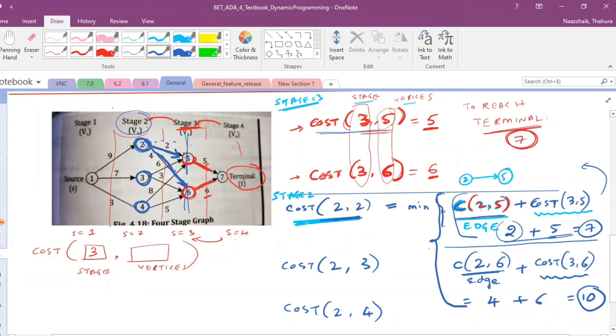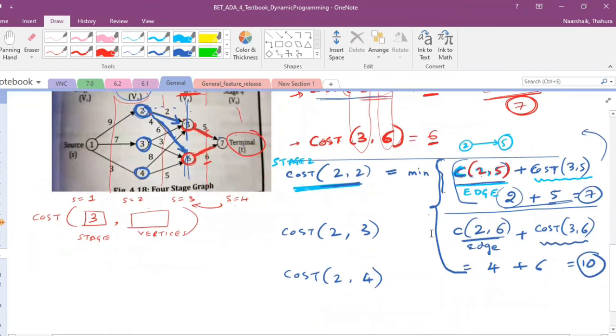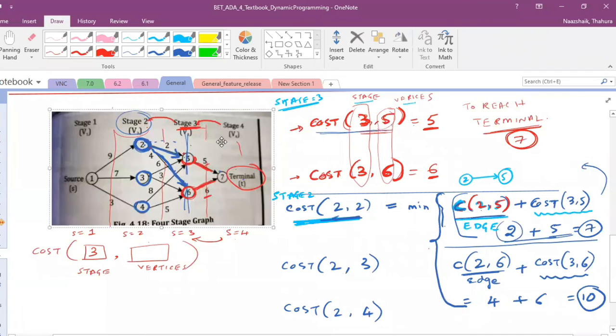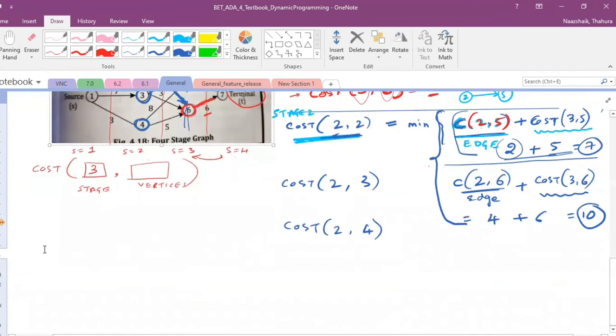So you have to remember this one. Okay. This was minimum. So that's how you do this cost. We have finished evaluating the second vertex in stage 2. Now, same thing you have to do with the other two vertices, 3 and 4. I'll be running out of space, so I'll just keep copying this problem, the diagram here, so I can easily.